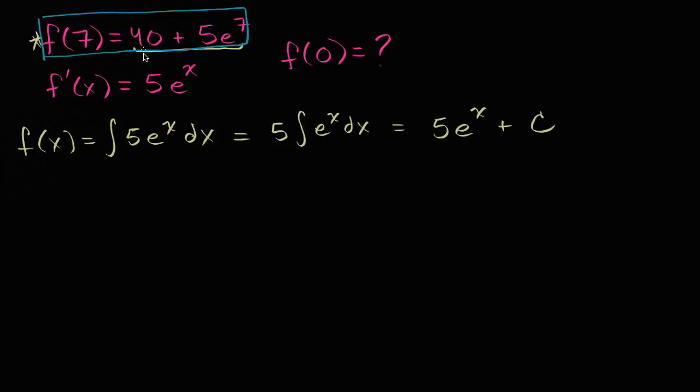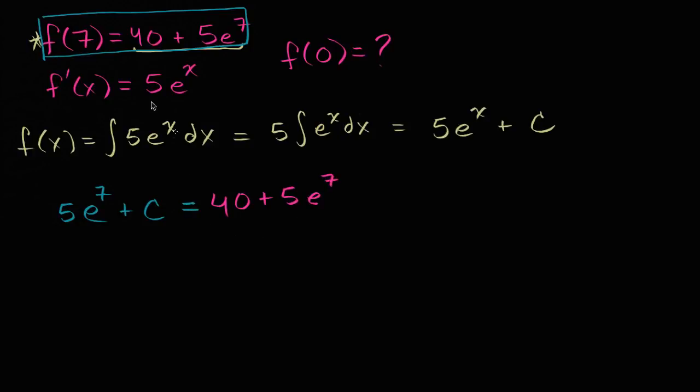So we know that f(7), so when x is equal to 7, this expression is going to evaluate to this thing, 40 plus 5e to the 7. So 5 times e to the 7th power plus c is equal to 40 plus 5e to the 7th power.